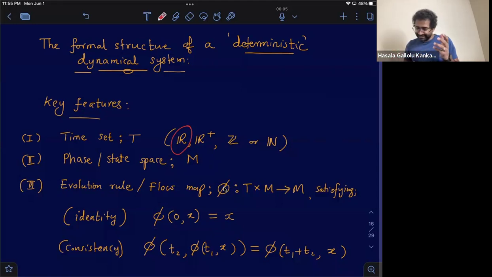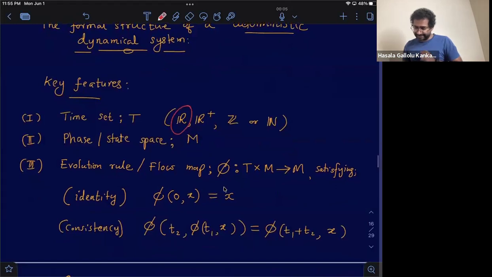And then the second one is you do one action right at the beginning to proceed to a certain time point, but now here it is time. But in the general context, it need not be time. It is just like any group action, I mean, any action of a group element.